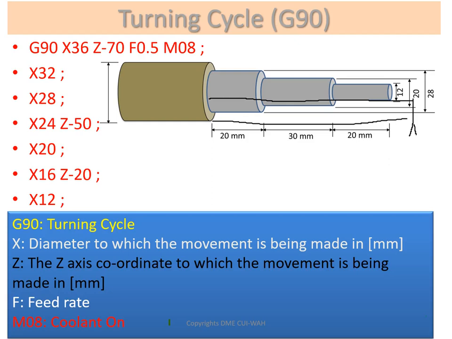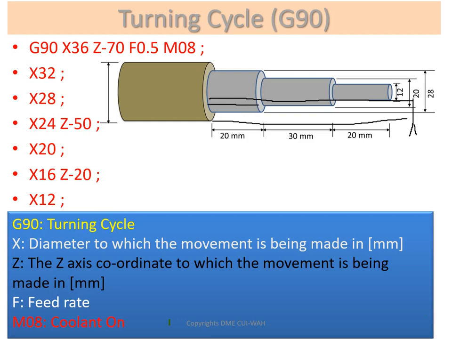Next cycle X32, from X36 it will bring it to X32. Next is X28. In different steps, as we have repeated in the previous lectures, we cannot reduce the diameter in one go, so we use different steps. From X36 it will bring it to the diameter of X28. This one is the final diameter X28.